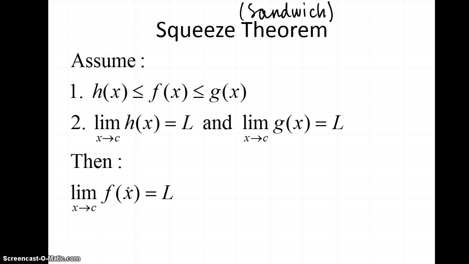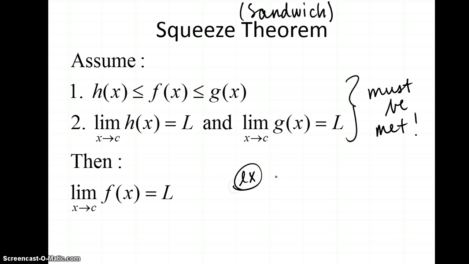If both of these are true, then we can squeeze the limit of the middle function to be the same value as the limit of h and g. Very simple theorem, and it's helpful if we don't know what a given function is.